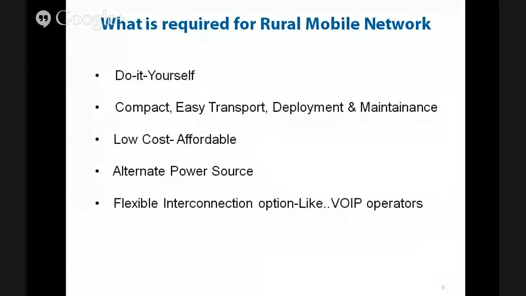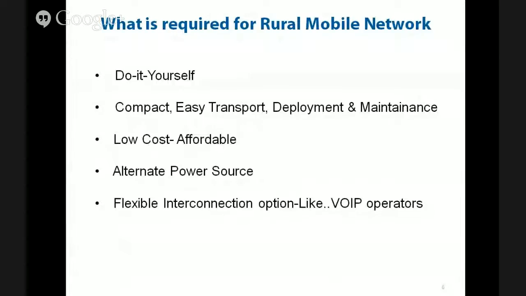So basically do it yourself is the main thing, so anybody can deploy this network or handle this network. So no need for skilled or trained people to install this equipment. And the equipment should be compact and easy to transport. So basically it should not be very heavy boxes which are tough to deploy.